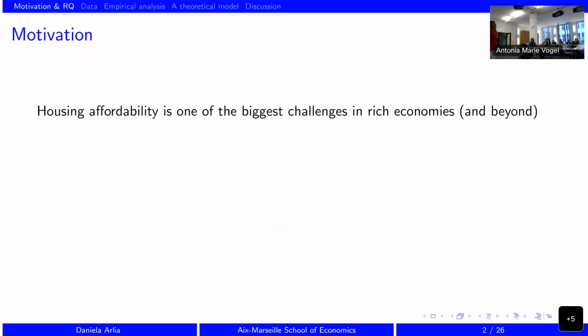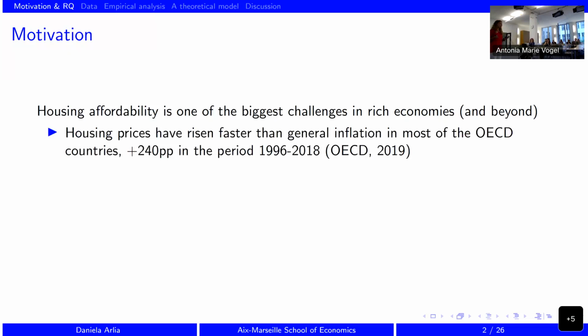So first, starting with the motivation. We talked a lot already yesterday about the problem of housing affordability. Housing affordability is one of the biggest challenges in the developed world. If we look at data across OECD countries, housing prices have risen much faster than the general inflation rate.